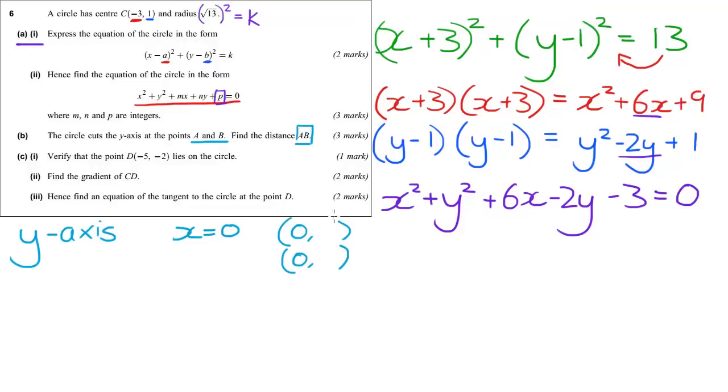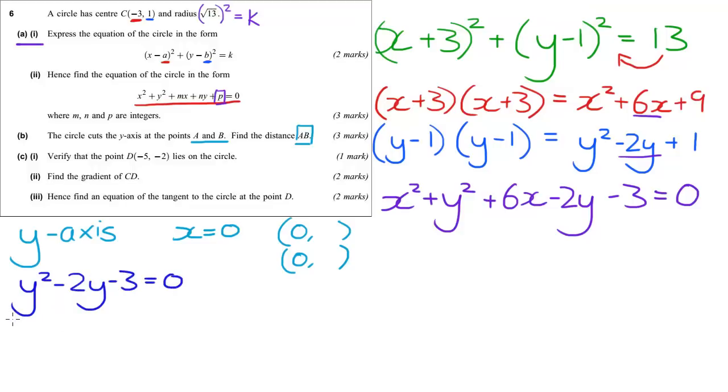Well, if x is 0, let's put x equals 0 into the equation that we just found, or the one at the top, it doesn't matter which. Let's take this purple one and put x equals 0 into there. So we're going to get y squared minus 2y minus 3 equals 0.